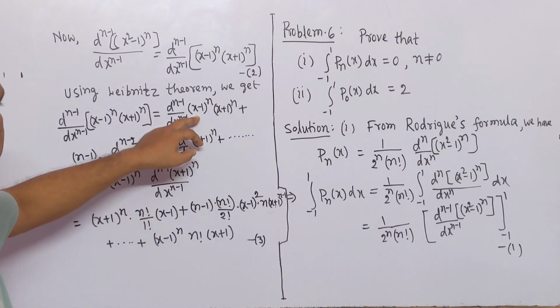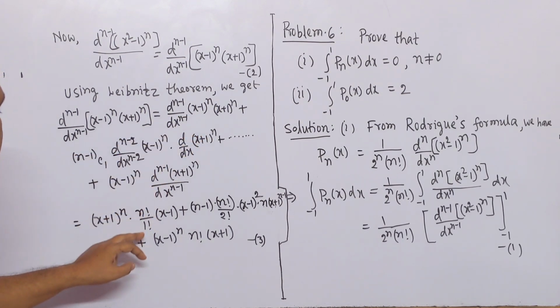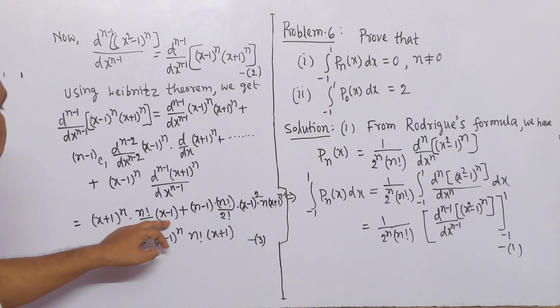This will be equal to factorial n by factorial 1 times (x minus 1).